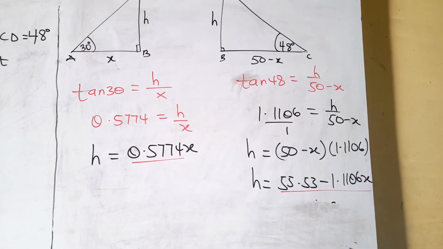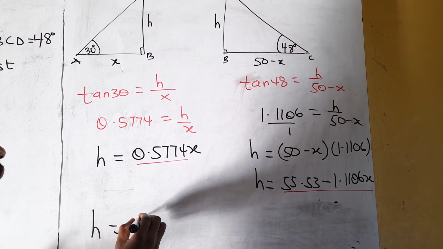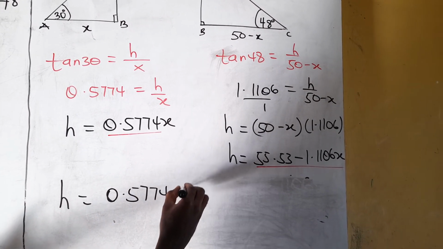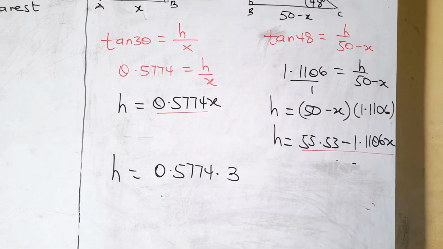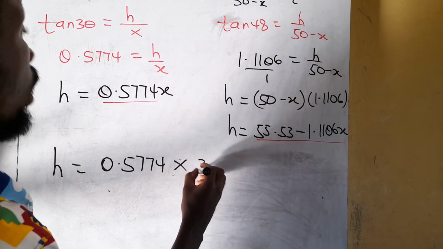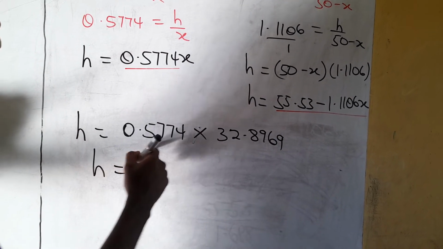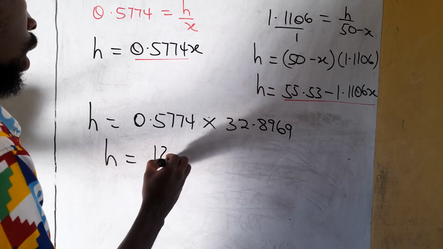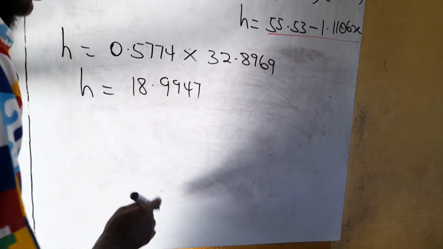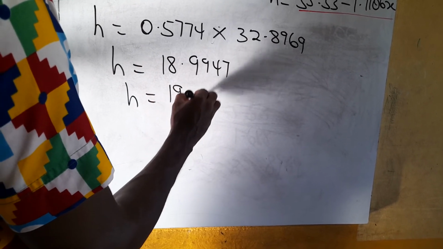So using the easier equation, my h will be equal to 0.5774 times our x, and the x is 32.8969. When this multiplies that, we get 18.9947. And correct to the nearest whole number, that will be 19 centimeters.